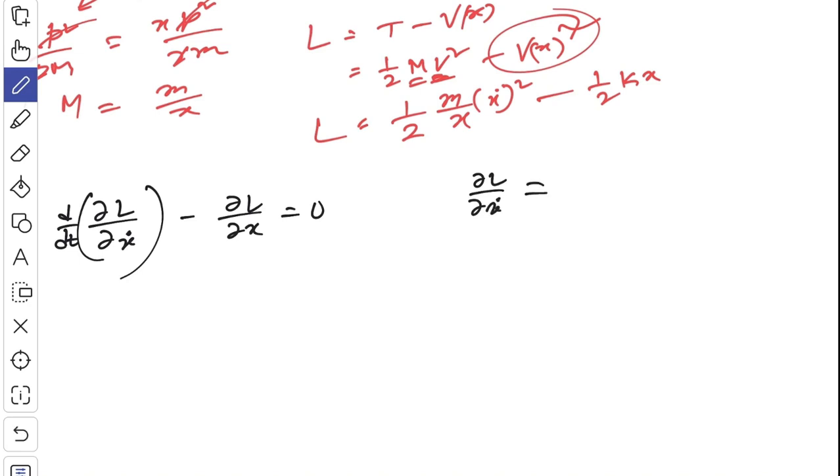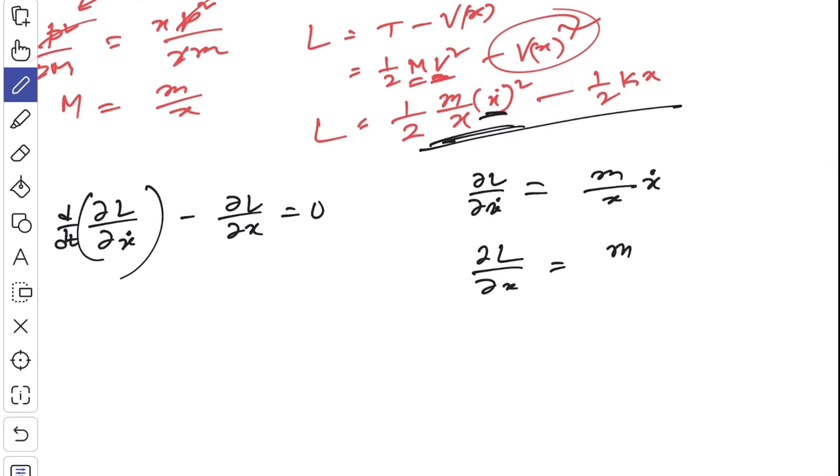This is the only term that contains x dot, so you will get m by x times x dot. And del L by del x, if you differentiate with respect to x, you will get minus m x dot square by twice x square.